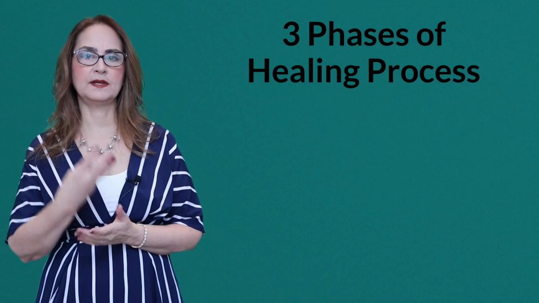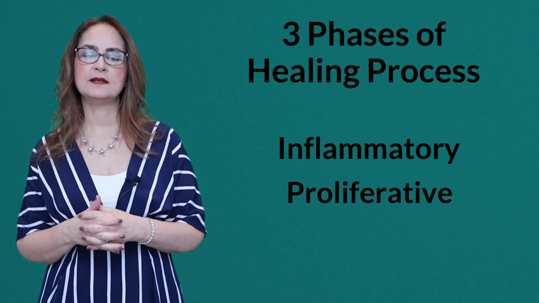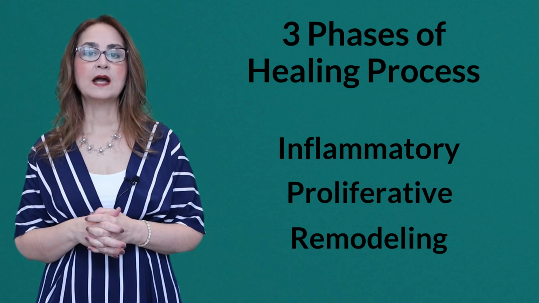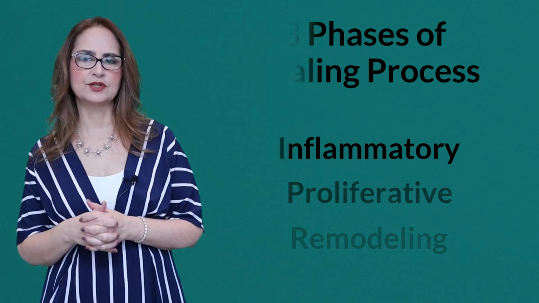The healing process of a tendon occurs in 3 phases: an inflammatory phase, a proliferative phase, and a remodeling phase. Actually, these phases do not occur in sequence, they overlap with each other.